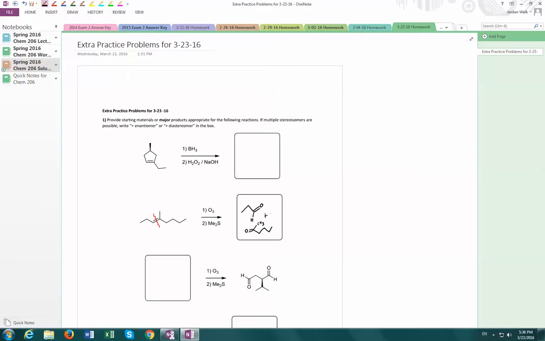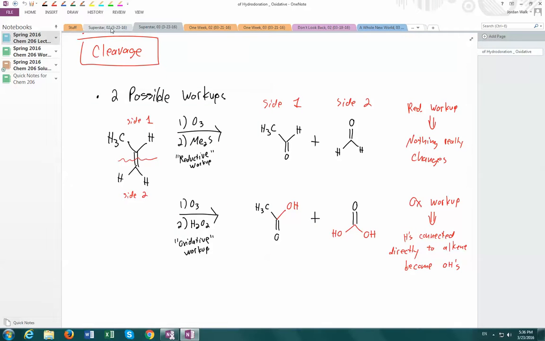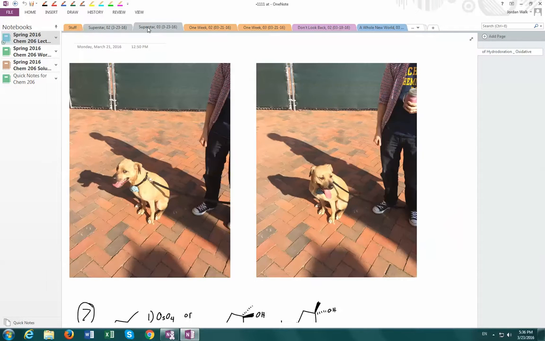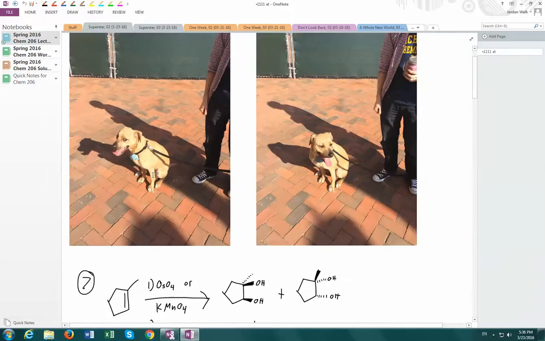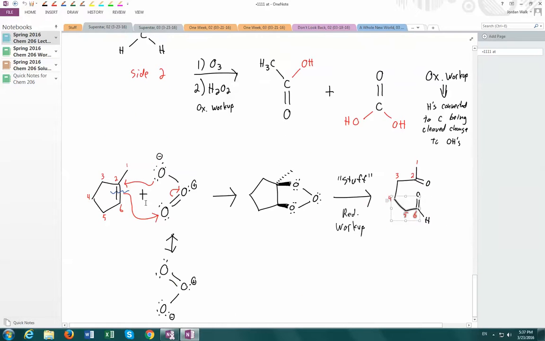And it can be a little weird to see sometimes. Like in the last example we did in class, we had it bridged, I guess, versus just immediately cutting. So the difference there is that we had a ring.